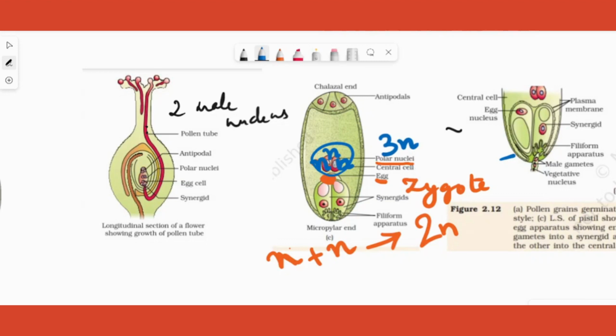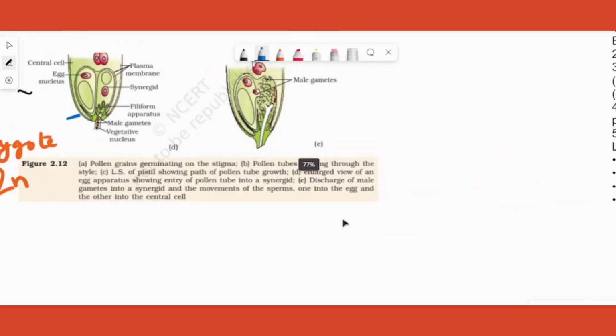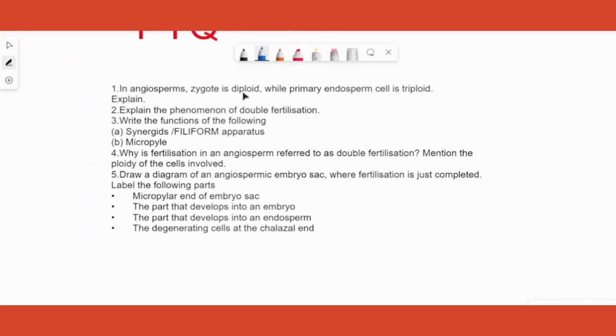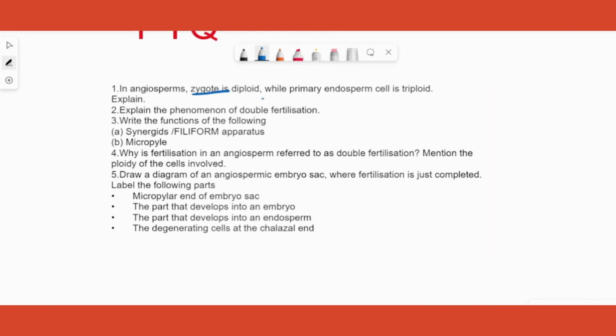The reason why I'm repeating this is if you look at the previous year questions, you will find that there are so many questions related to this. Look at this question. Repeated question, by the way. The zygote is diploid. Primary endosperm cell or PEN is triploid. Explain. So that's all you have to say.